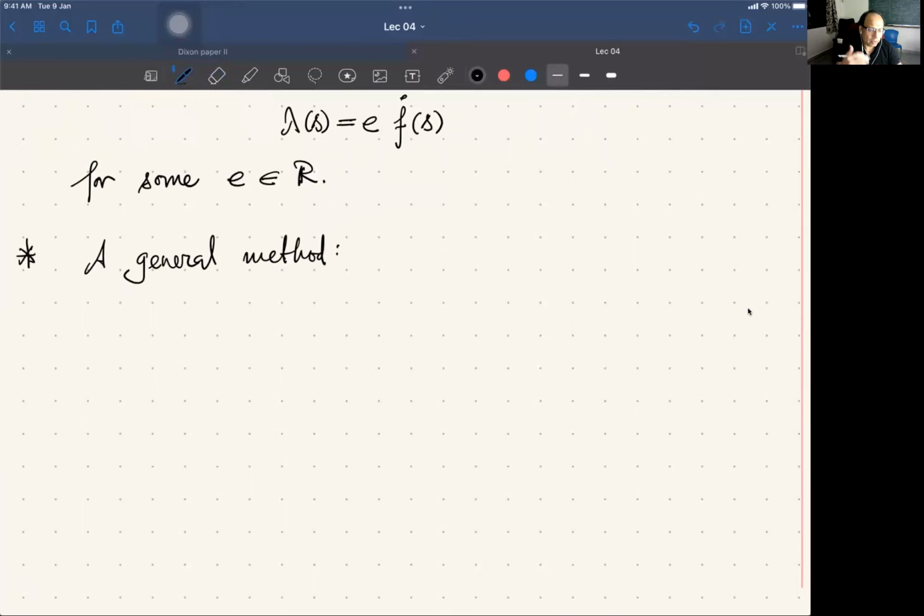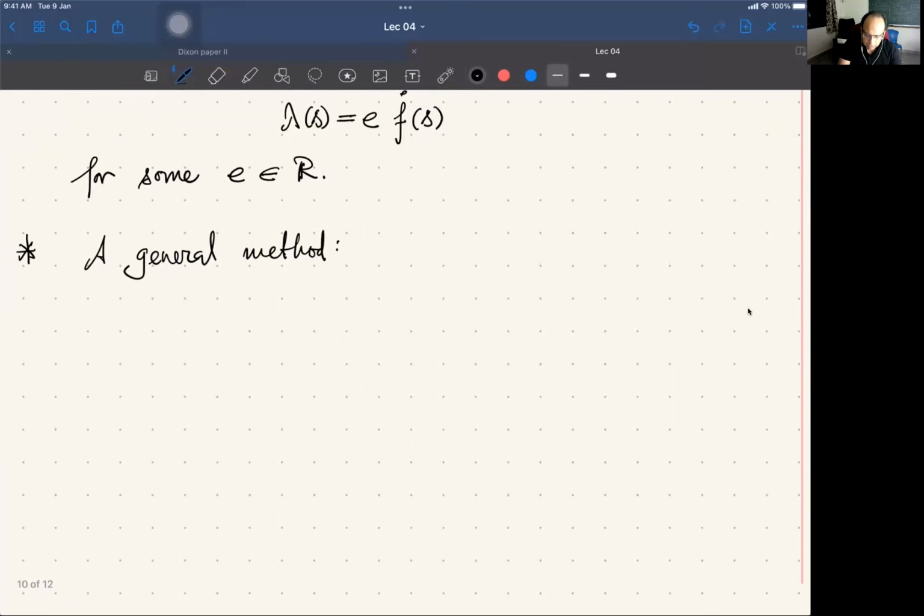But then the coefficients become discrete, a countable though infinite set of real numbers, and then we can do certain analysis. So the general method is to use Fourier transform.